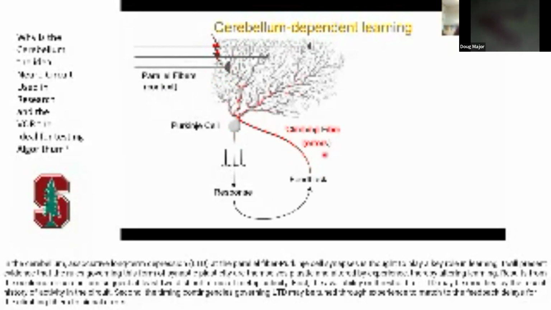And so the cerebellum is thought to induce this climbing fiber-driven depression through this big calcium influx, inducing associative long-term depression of the parallel fiber to Purkinje cell synapses, and thereby weaken synapses that contribute to errors. So that's the textbook model.